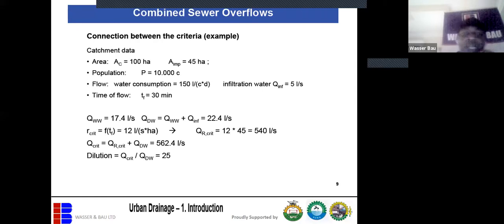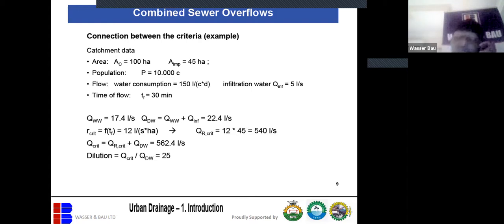Now let's do a small example. This is a catchment of 100 hectares. Out of these 100 hectares, the areas that are paved, the areas that are impervious, the areas that will not allow water to fall in are 45 hectares. And the area has a population of 10,000 capita.